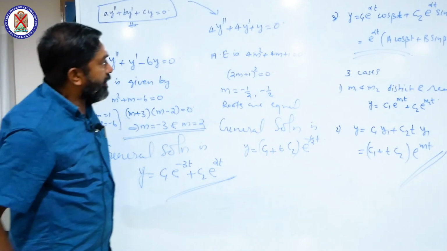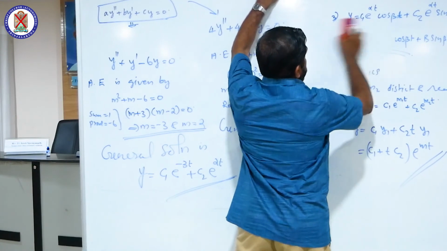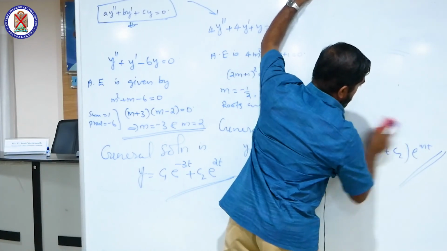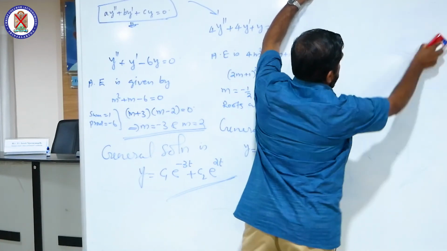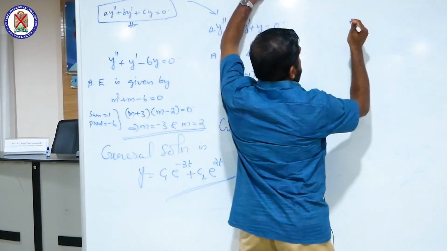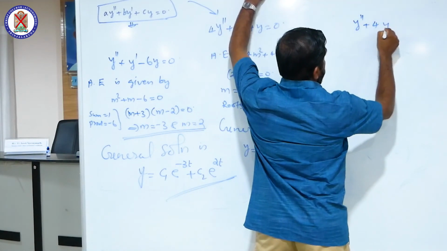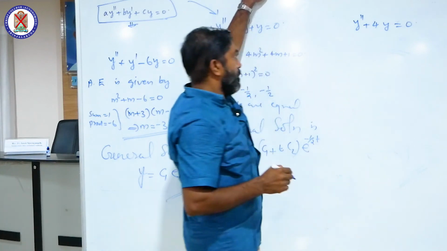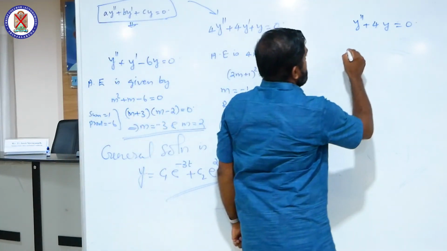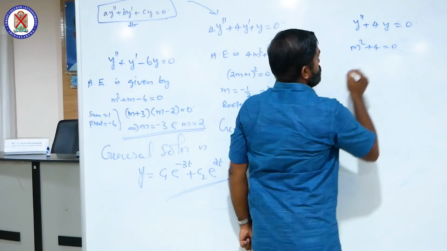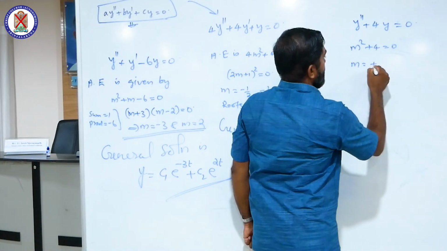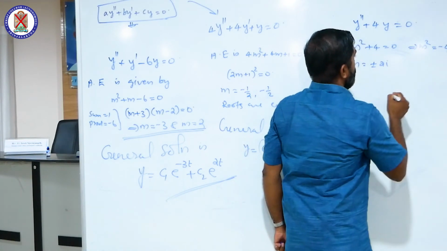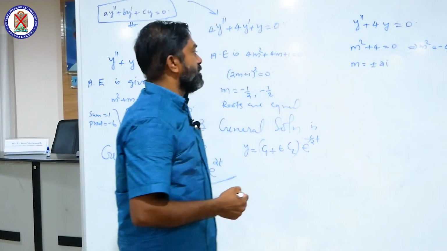Okay, now consider another example, which is given by y double dash plus 4y equal to 0. So what will be the auxiliary equation? m square plus 4 equal to 0. So m equals plus or minus 2i, because m square equals minus 4, so m equals square root of minus 4, which means plus or minus 2i.